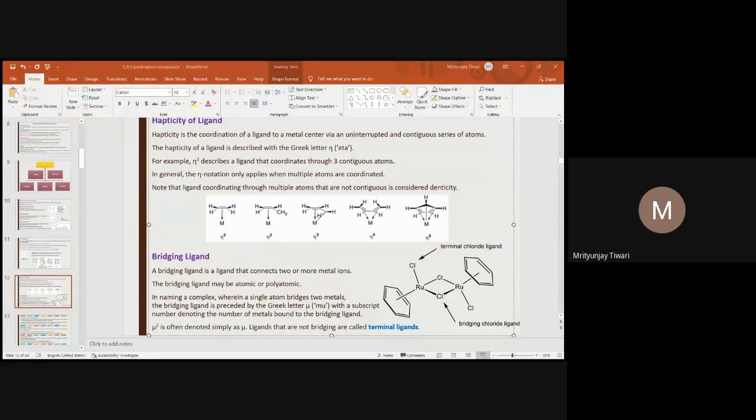The central metal as well as all the ligands are enclosed in a square bracket.